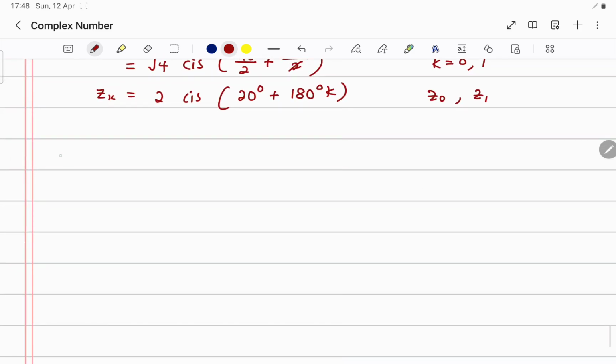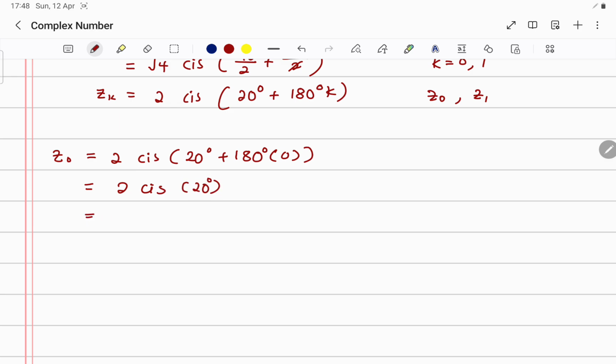So now when z is equal to 0, k is equal to 0, you substitute k is equal to 0 inside the zk that we got. Okay, so 2 cis 20 degree plus 180 degree multiply with 0. Here you will get 2 cis 20 degree.